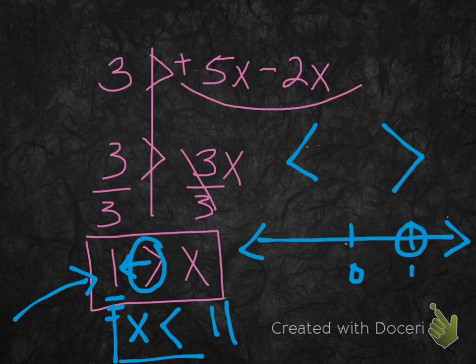Had these had lines underneath them, then they would have been less than or equal to, greater than or equal to, they would be solid instead. One means to include, that's these. The other means to exclude, meaning I don't count the number I'm on, and that's why we put an open circle.